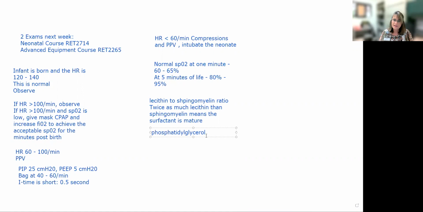Just its presence indicates surfactant maturity. It shows up about the 36th week of gestation.